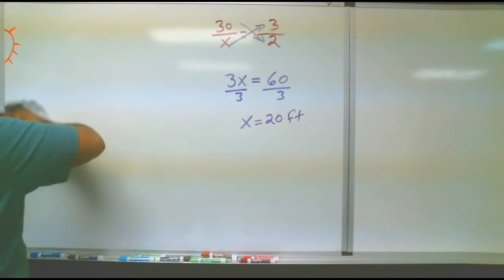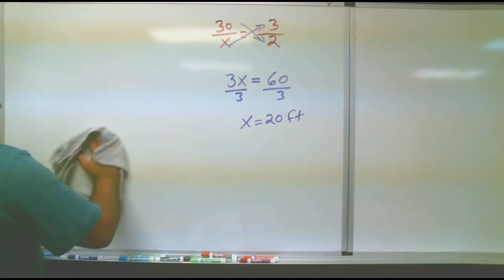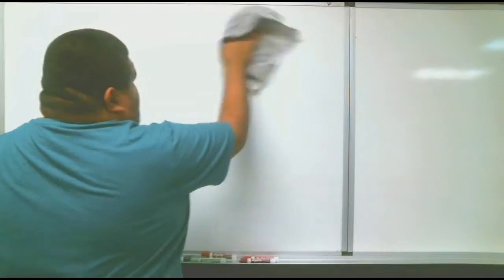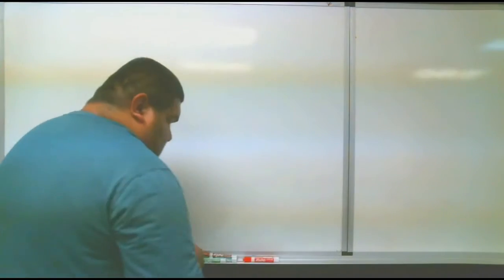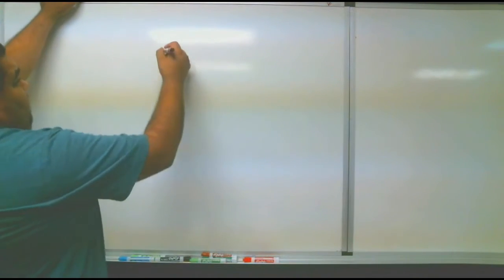All right, so let's do one more. This time, it says the ratio of boys to girls is 3 to 2.